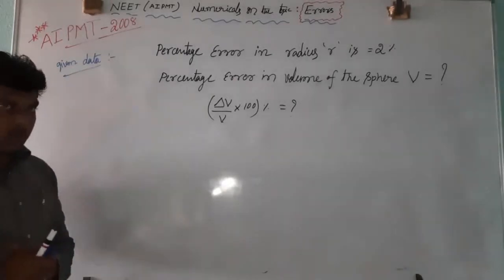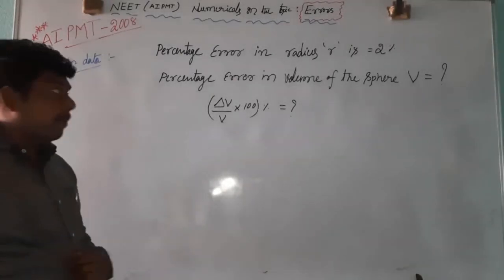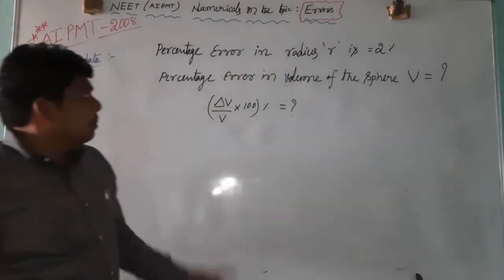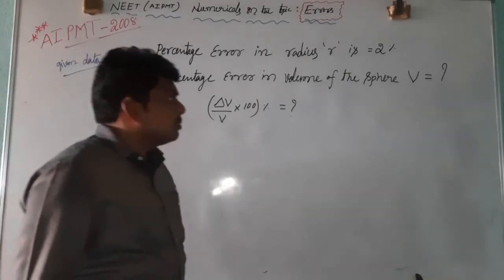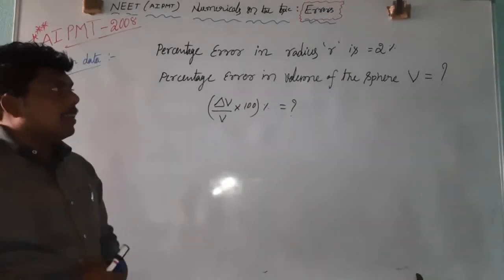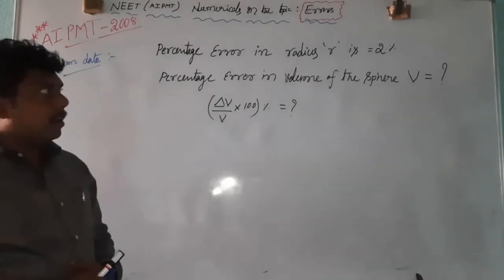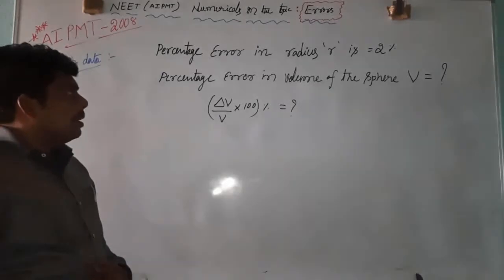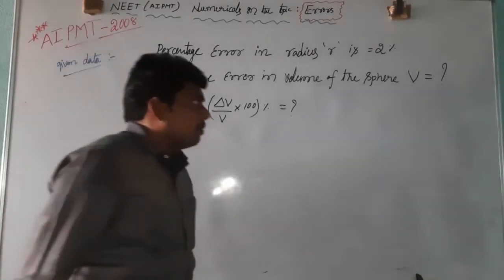From the given question, you can take the data: percentage error in radius R is 2%, and the percentage error in the volume of the sphere we have to calculate. They have given the percentage error in radius, that is R, the value of that is nearly 2%. What you have to calculate? Percentage error in the volume of the sphere.